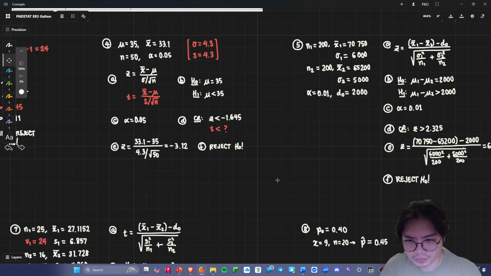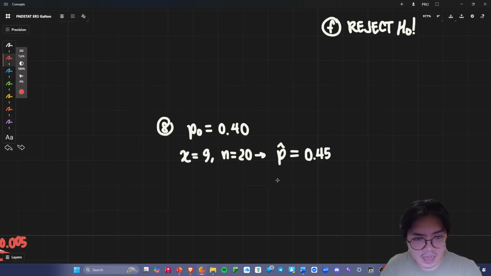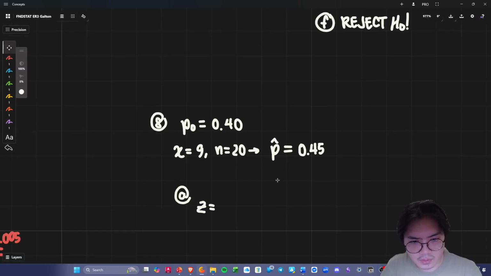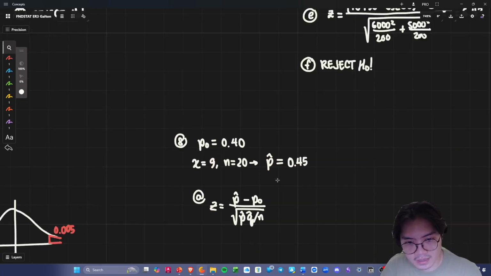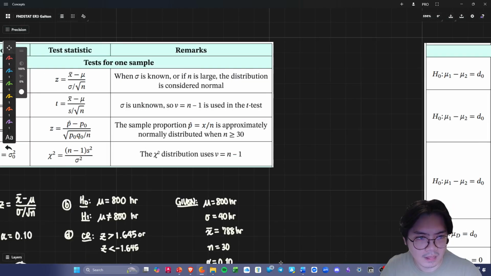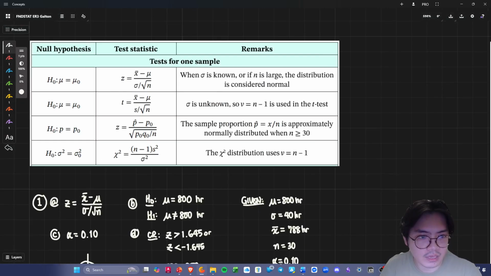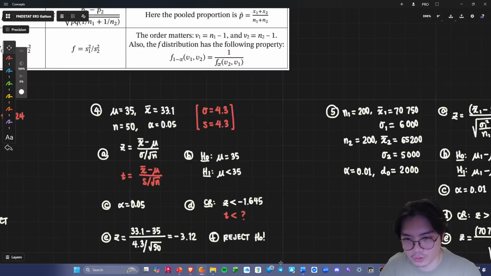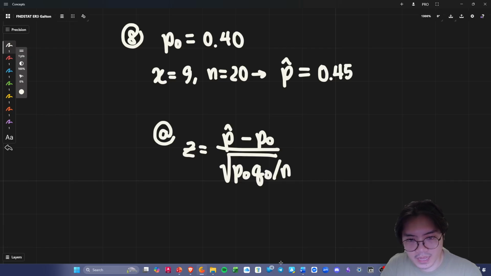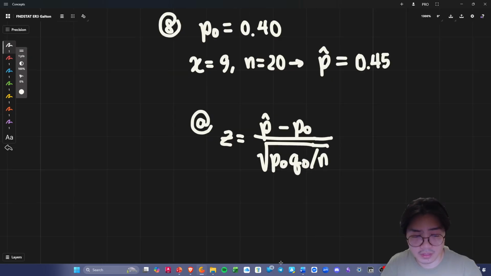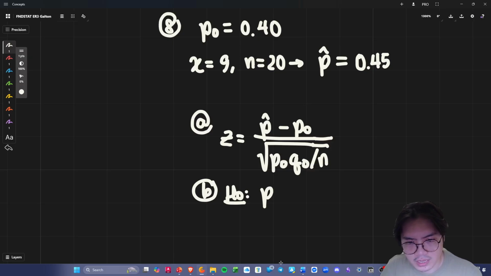If you remember, that is our test: p hat minus p0, all over the square root of p0 q0 divided by n. So letter B, there's nothing being said, so your null is p equal to 0.4.